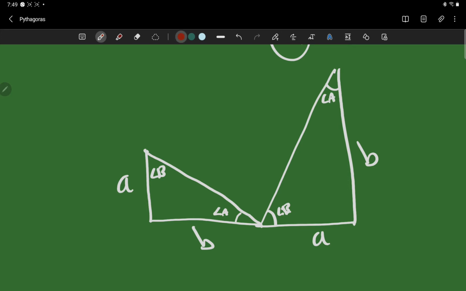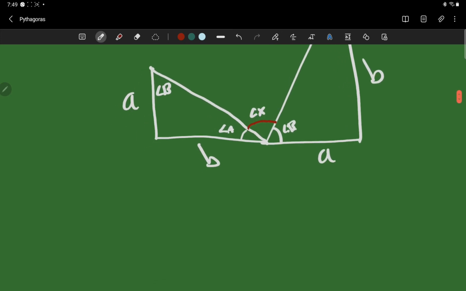So now what you notice on the bottom is that we have another angle here. And this is our mystery angle. This is the one that we need to prove is 90 degrees. We'll call this one angle X. We know that because this bottom part right here is a straight line, these angles right here all add up to 180 degrees.